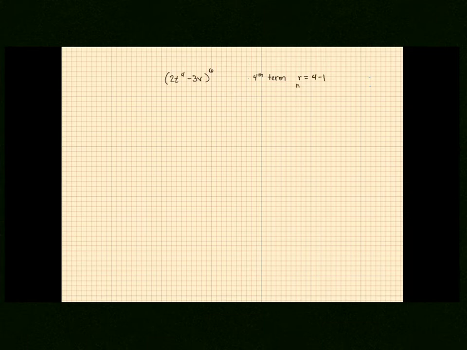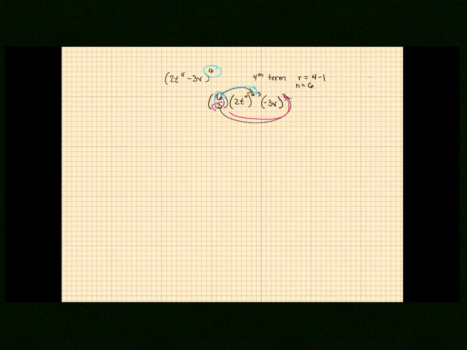And in this case, n is equal to 6 because that's our exponent. So this term is going to be 6 choose 3 of 2t to the 4th raised to the 6 minus 3 power times negative 3v to the 3rd power. Remember, this goes here, and then the difference of these two numbers goes right here.